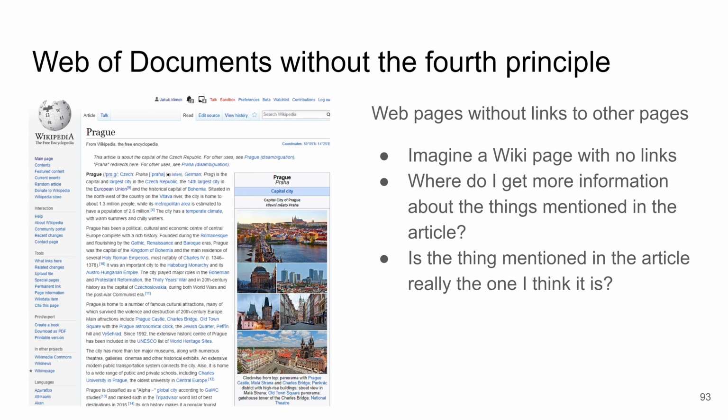So if you were, for instance, interested in information about the Kingdom of Bohemia, you would have to search for it somewhere else, because the author of the page wouldn't give you the link to the page talking about the Kingdom of Bohemia. So that would be pretty bad, and it would not serve the web as links serve the web today.